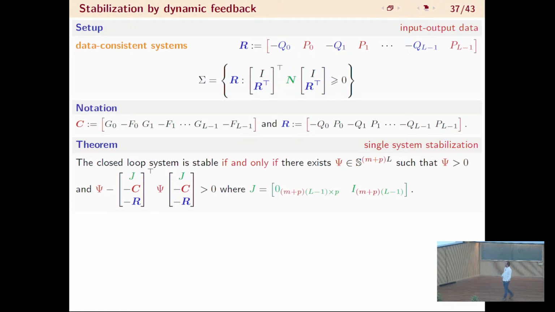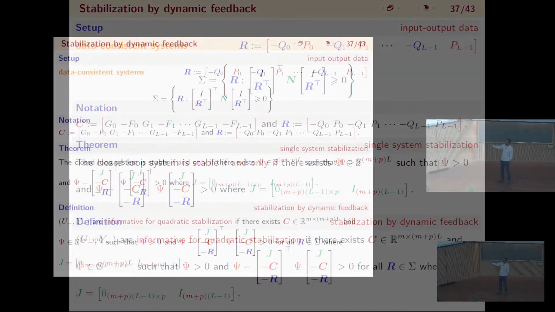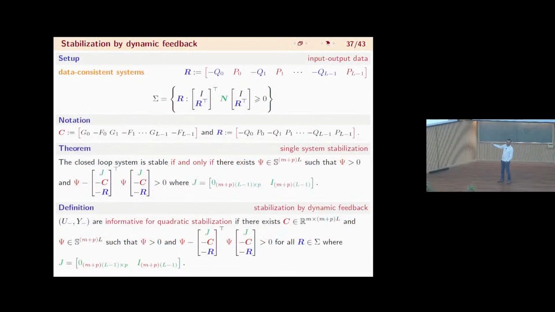So what I need to do is to define the corresponding informativity notion. I'm going to say that the input-output data are informative for quadratic stabilization if there exists C and psi such that psi is positive definite and this thing is also positive definite for all R in sigma.